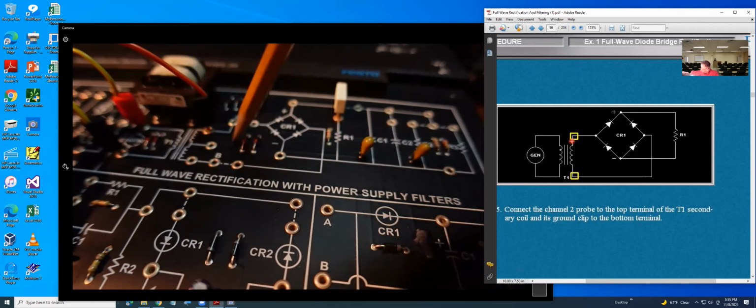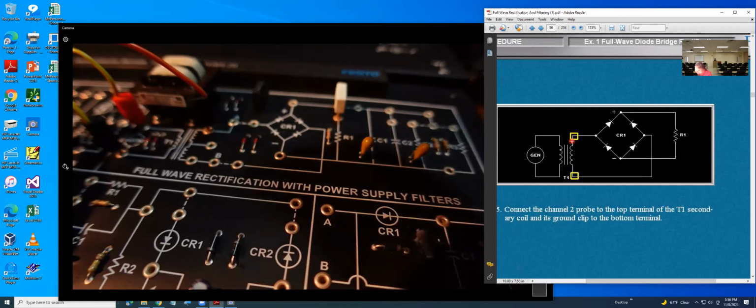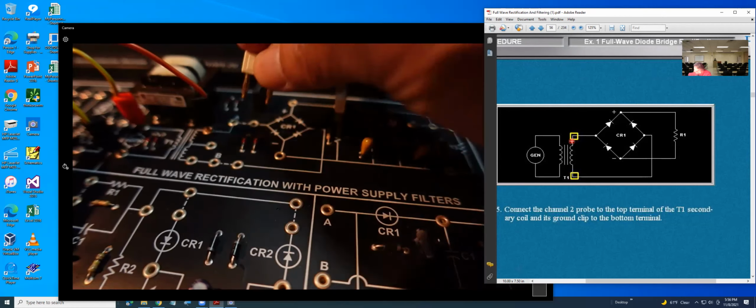Is it right or wrong, or does it need something else? You didn't hook the jumper to the bridge rectifier. We need to connect the jumper for the output, right?